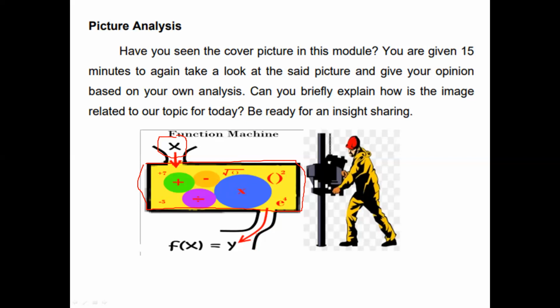Sa totoong buhay, ganito yan. If, let us say, the rectangular figure is a washing machine. Yung washing machine, alam naman natin ang function yan. So magiging makabuluhan lang ang function ng washing machine kung yan ay lalagyan mo ng damit or ng medyas, ng sando or whatever. Lalagyan mo ng tubig yung washing machine, accompanied by water and yung panglaba. So input mo yung damit, magkakaroon ng kabuluhan yung function ng washing machine.